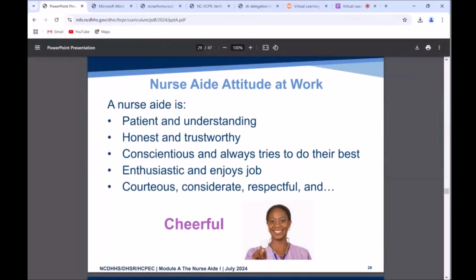A nurse aide should exhibit patience and understanding, honesty and trustworthiness, conscientiousness, and trying to do their absolute best. They should be enthusiastic and enjoy the job, be courteous, considerate and respectful, cheerful. They should care about others.